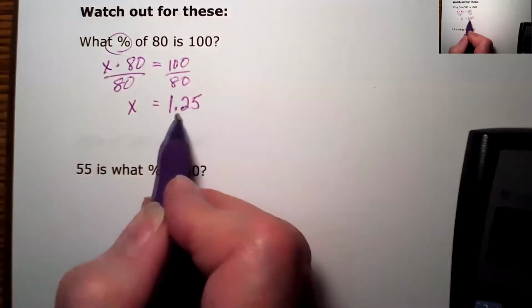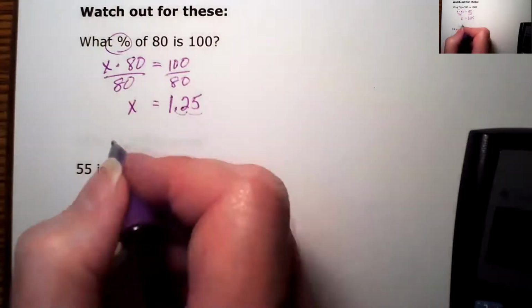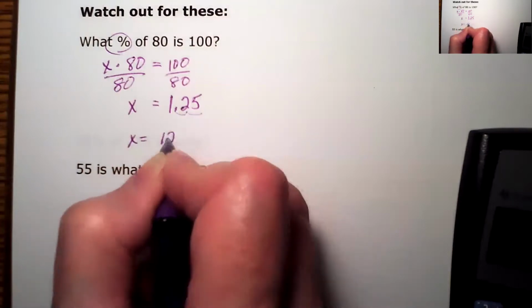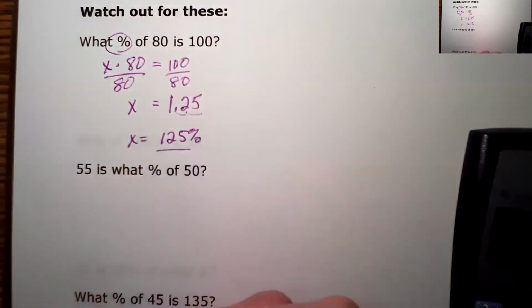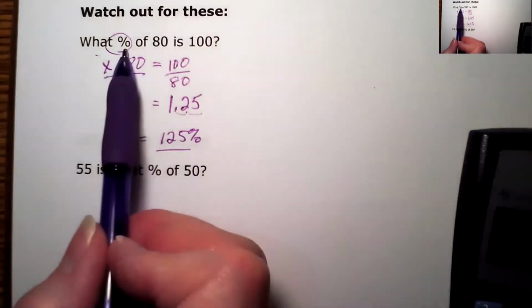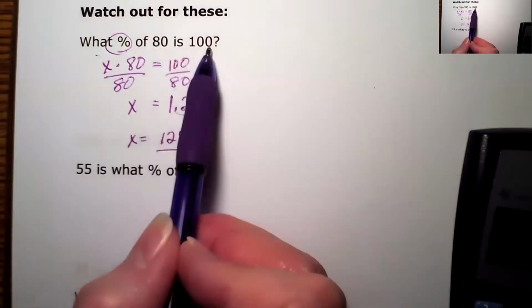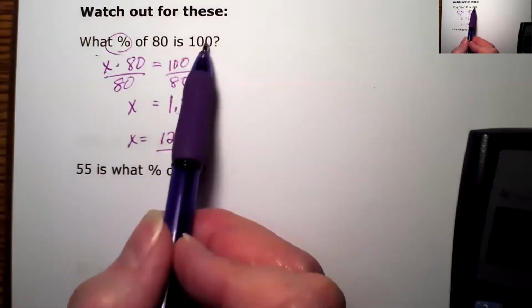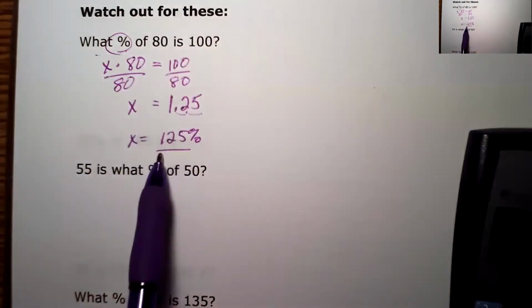It's in decimal form, so I have to move the decimal place 2 places to the right because I multiply by 100%. So x equals 125%. This is what confuses people because it's more than 100%. It's okay. And actually, we're saying what percent of something small is something big. So when the amount is bigger than the base, the percent is going to be more than 100.